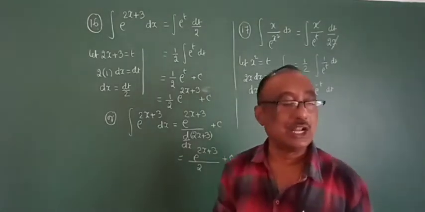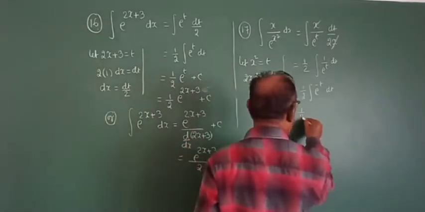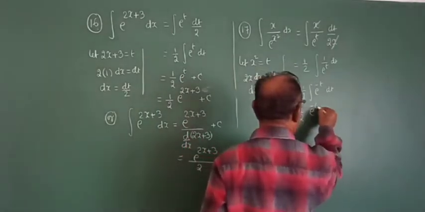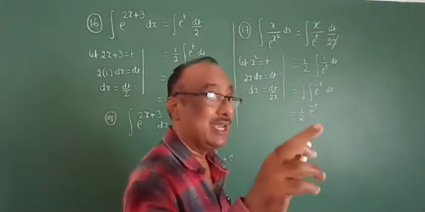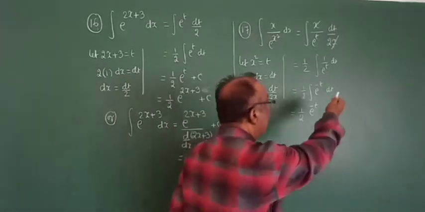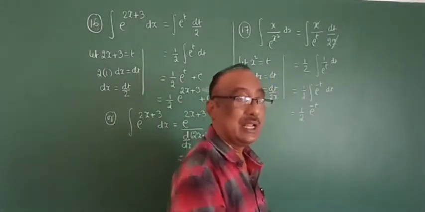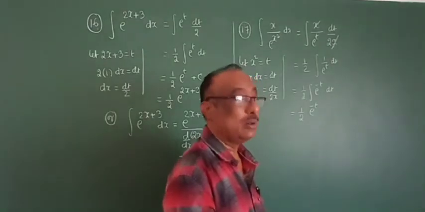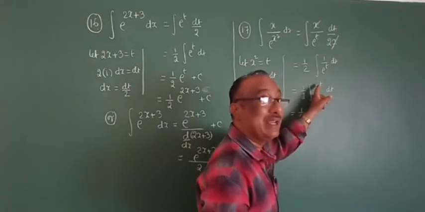Now apply the integration. e is a good function. The integration of e power is e power of minus t, no change. But it is minus t, not plus t. The integration is with respect to plus t, but we have minus t.